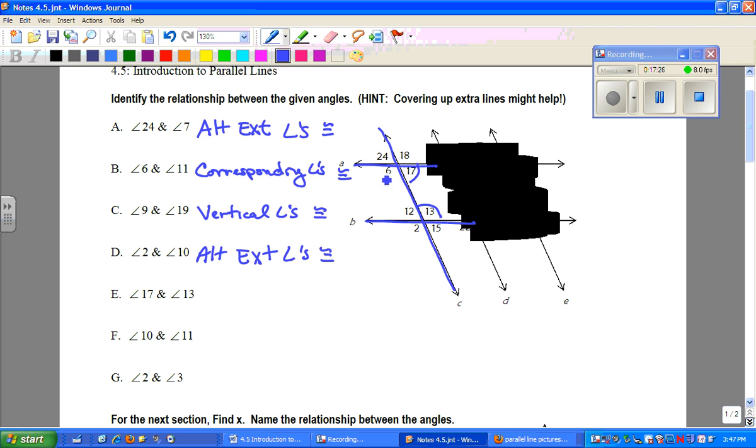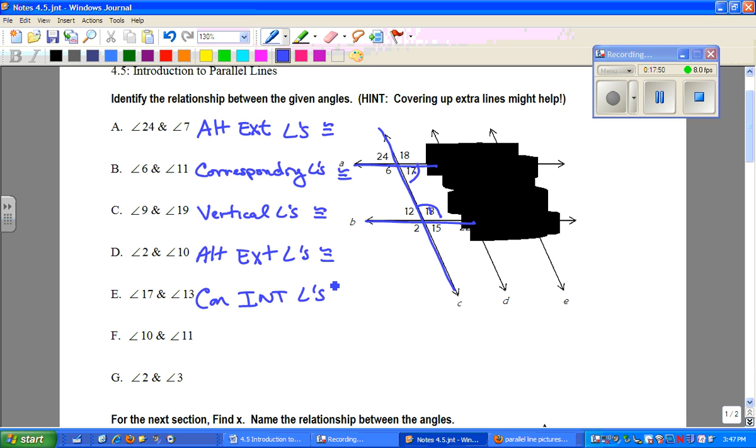Are we inside or outside? 6, 17, 12, and 13. That's all interior. These 2 angles right here are interior. So are they same side or different sides? 13. Did I cross over the transversal when I went up to 17? Nope. So we have consecutive interior angles.